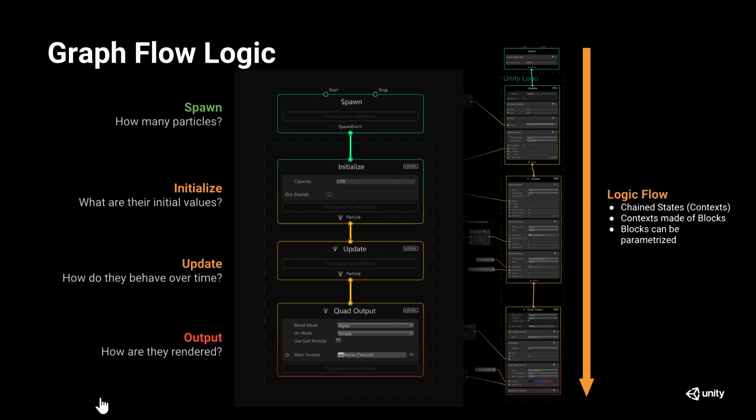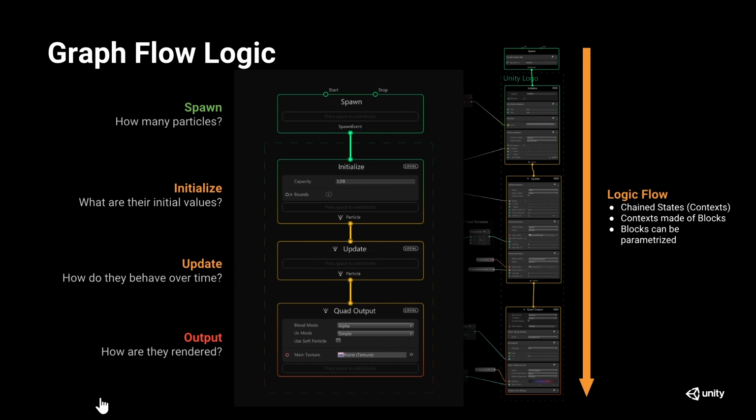We have the initialize that will just trigger the initial state of one particle. The update loop is basically the solver, such as a DOP context. And at the end, we render it using one or many outputs.